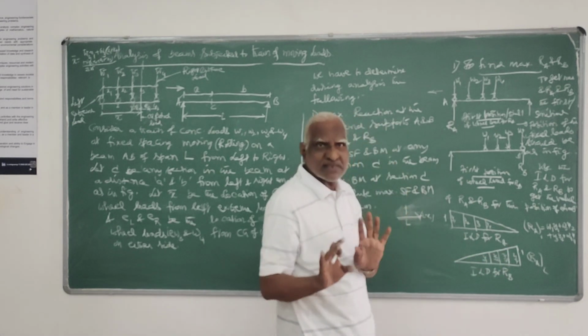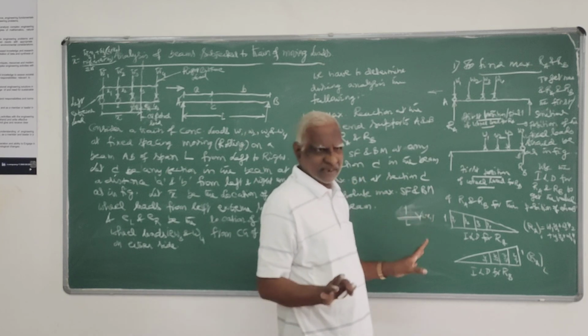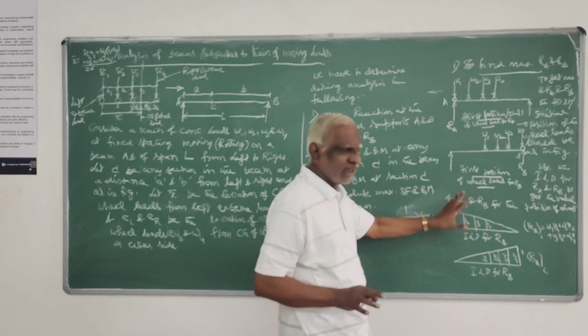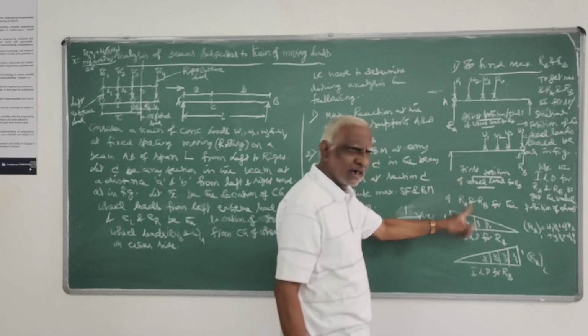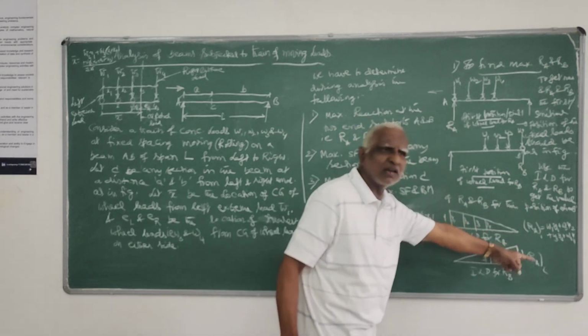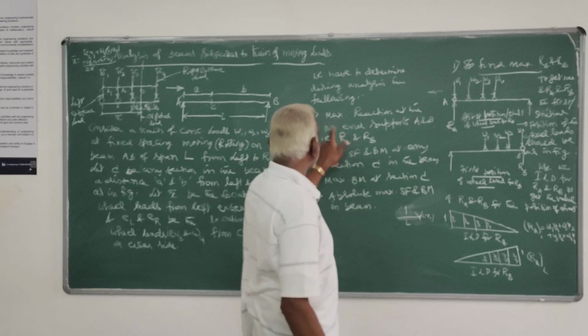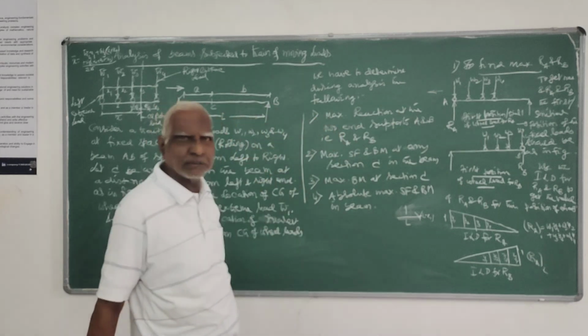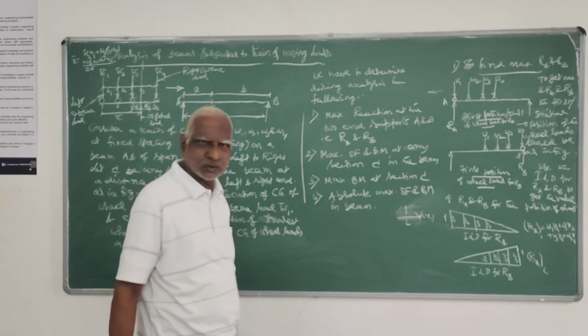This is the only exercise which you have to make without any mistake. That's all for the first try. Then you allow the loads to move one by one. Go on repeating this process until you get the maximum value of RA. You have to stop at that stage. That's all for determining the maximum reaction in the beam, at either the left or right support. So that is RB.